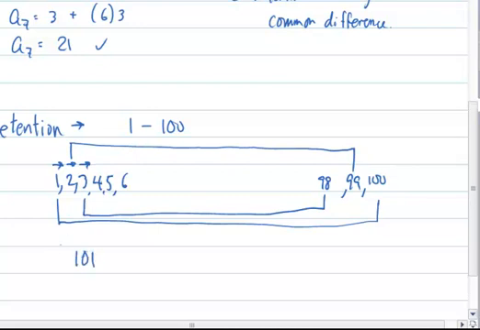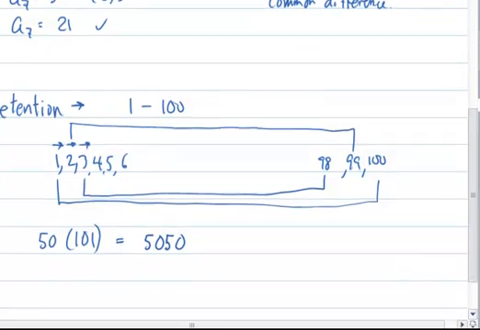And then you have 50 pairings of the 101 sum, because we have 100 natural numbers that we're adding up. And when he did this, he got 5,050 for the total amount and finished the problem in a matter of seconds instead of it taking a whole afternoon.